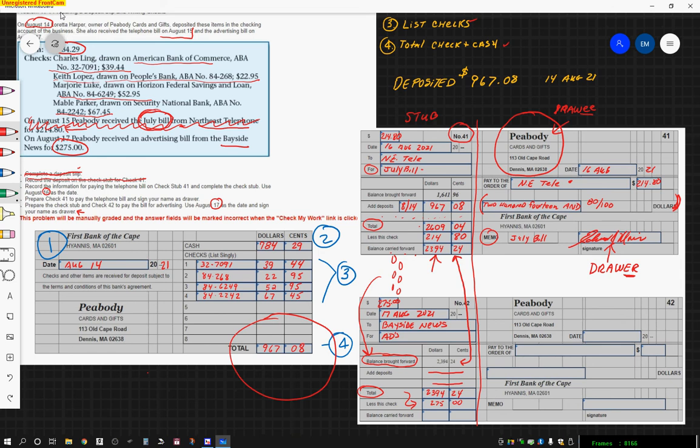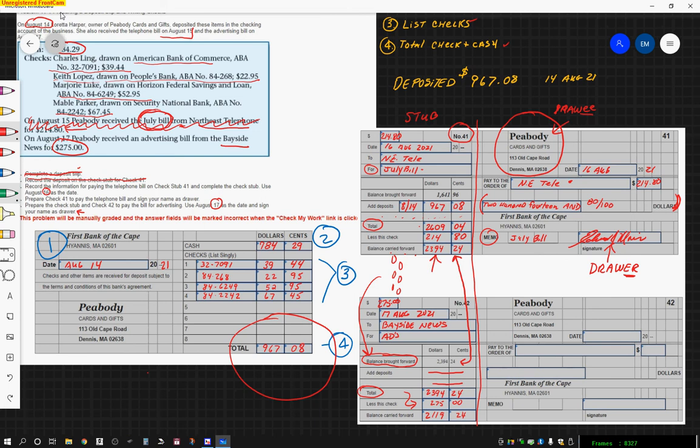And you're going to come up with $2,394.24 minus that. Well, that's going to be easy enough. That's a 24. And then we have 119 and 2. So $2,119.24. The check stub is done.